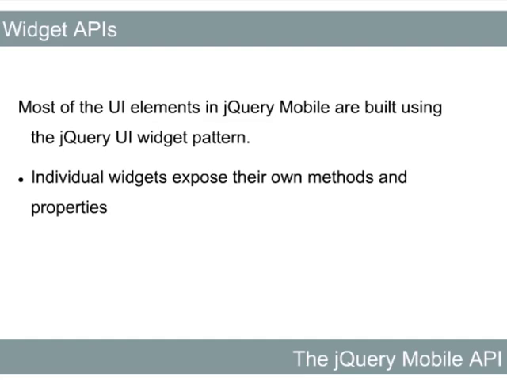So the next thing I wanted to talk about is that many of the elements in jQuery Mobile are built on the jQuery UI widget pattern, if you're familiar with that. If you're familiar at all with jQuery UI, you know there's lots of different widgets over there. There's the calendar picker, which is awesome. There's the accordion widget, which I use frequently.